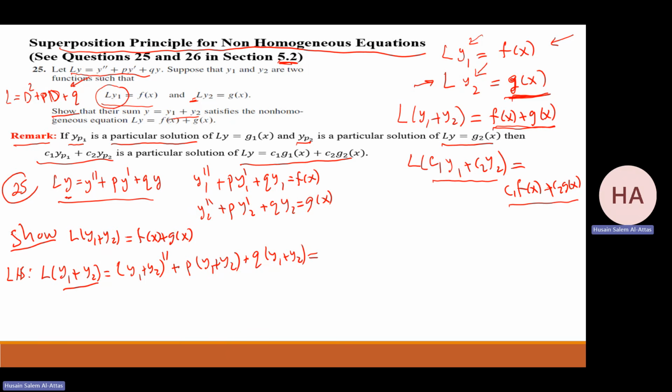I have y1 double prime plus y2 double prime plus p y1 prime plus p y2 prime plus q y1 plus q y2.